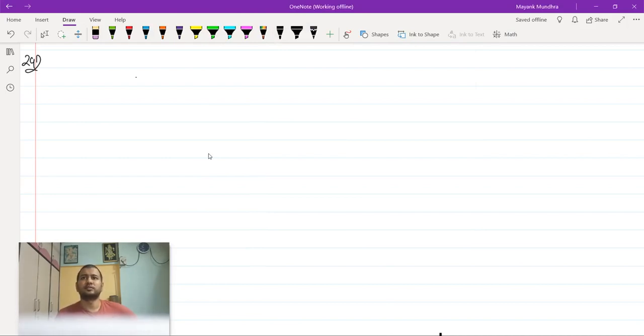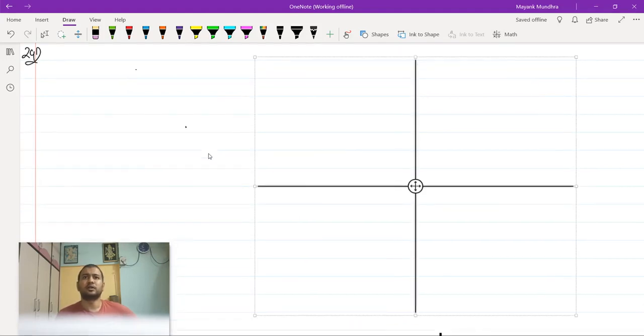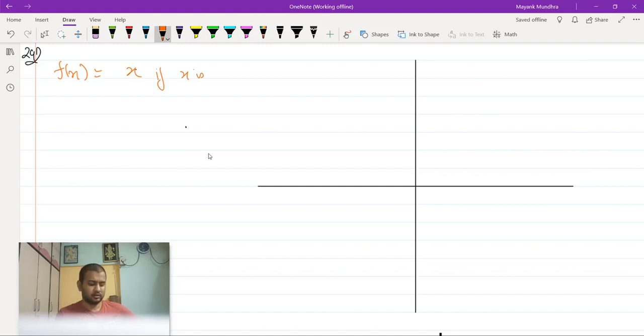So let's say this is your Cartesian plane, and the function f(x) equals x if x is irrational. For irrational values this function will look like this.